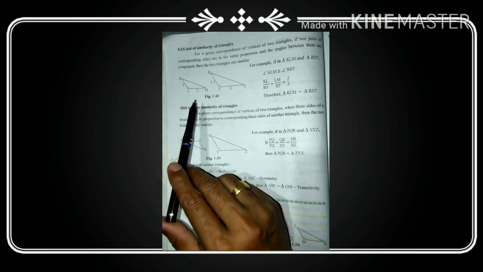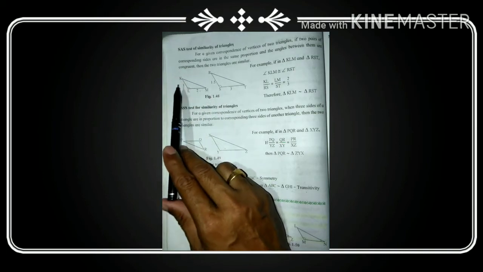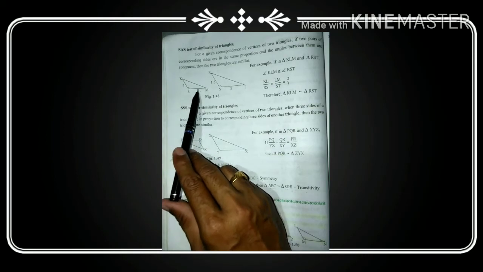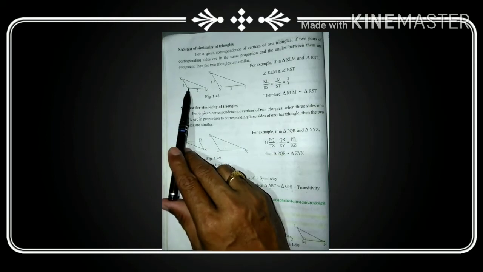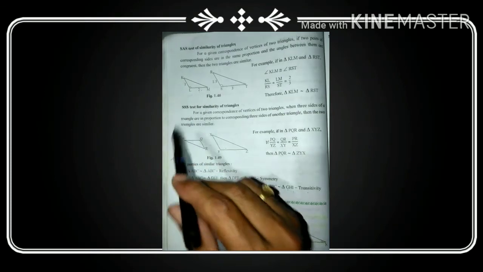Hence this is also known as the side angle side test, meaning the SAS test.